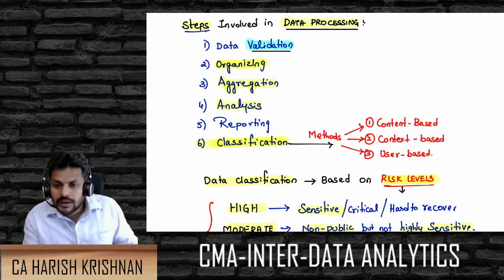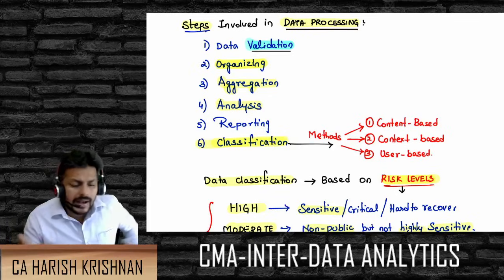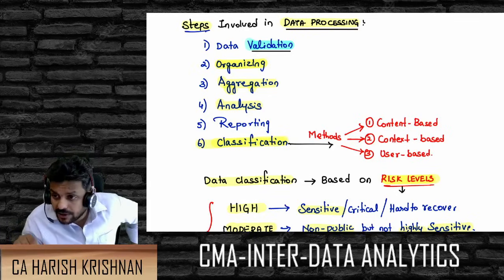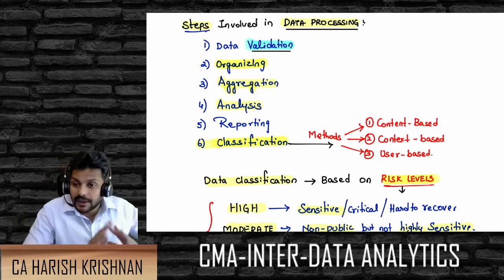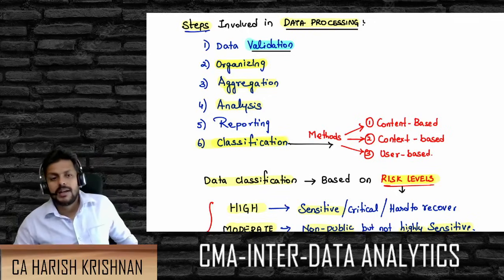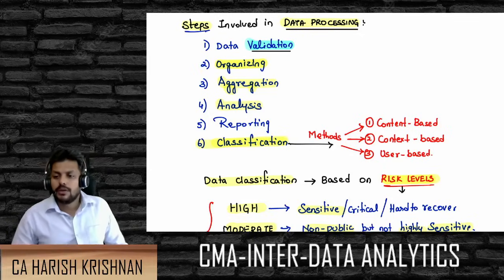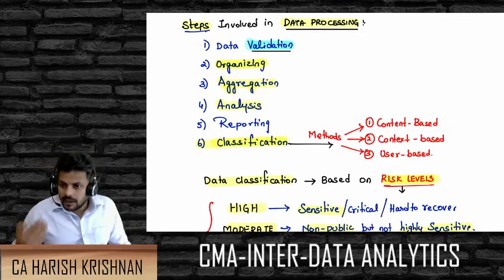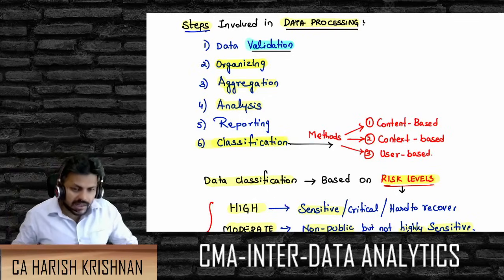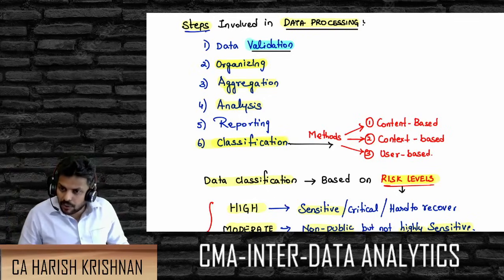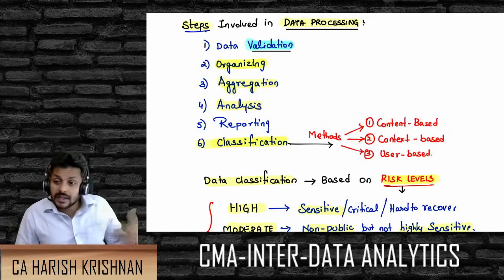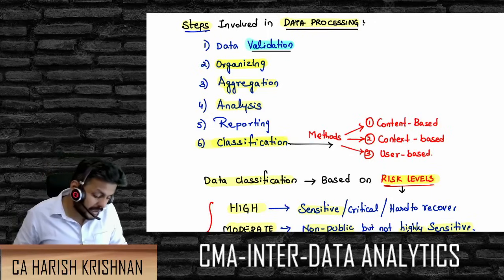Analysis is when you apply a model on all the data and find out which falls where. And then a very important point is reporting, putting it in the form of a report which could be used by management to make decisions. Data validation, organization, aggregation, analysis, reporting. Now, once the reported data is there, listen to this point carefully.